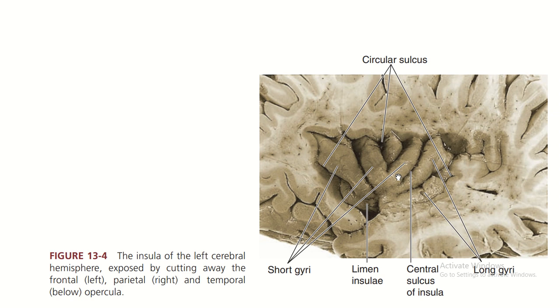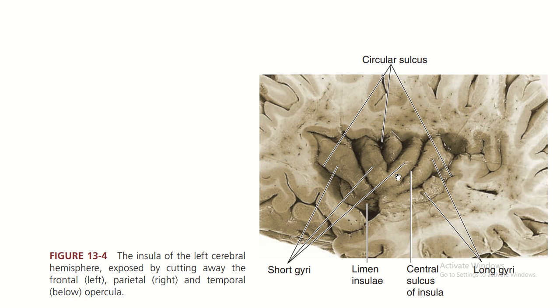An insular lobe. This lobe is very important as far as viscera is concerned. So everything that has to do with taste, everything that has to do with olfactory processing, everything that has to do with your GIT, your digestion, is going to be processed by the insular lobe. Done.